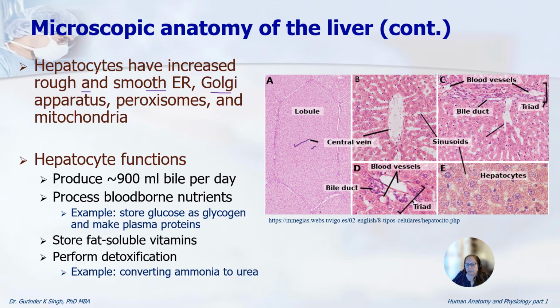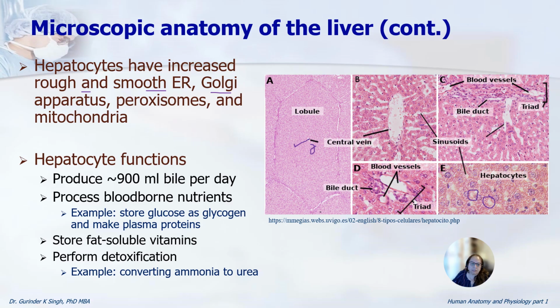The central vein is here, and if you look at it a little bit magnified, you can see these sinusoids present, and here's a sinusoid a little bit larger, and then you can see the hepatocytes. These are the large hepatocytes with the nucleus, and they have lots and lots of vesicles.